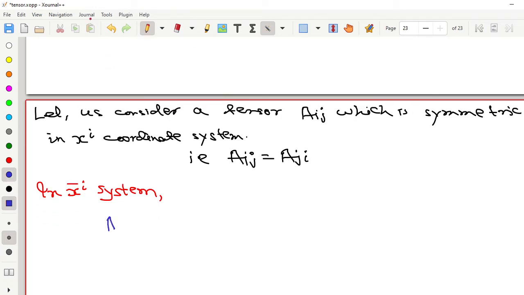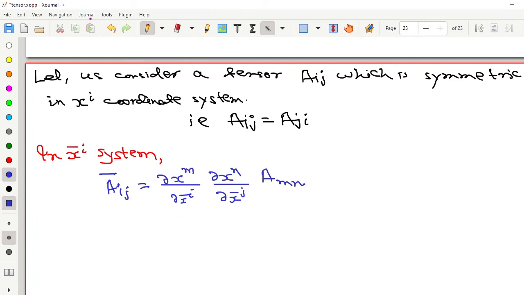Definitely, a_ij bar will take the structure of del x^m by del x bar i, del x^n by del x bar j, because it is a covariant type, times a_mn. We are happy with this type of transform.